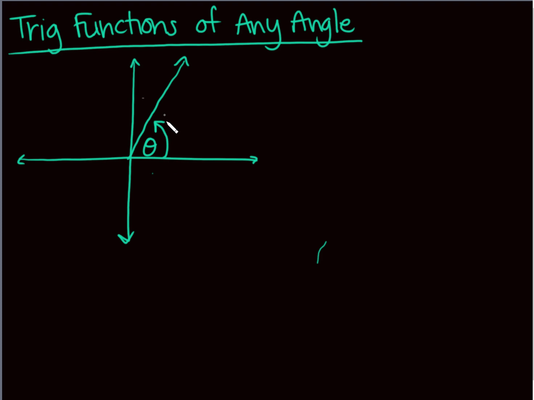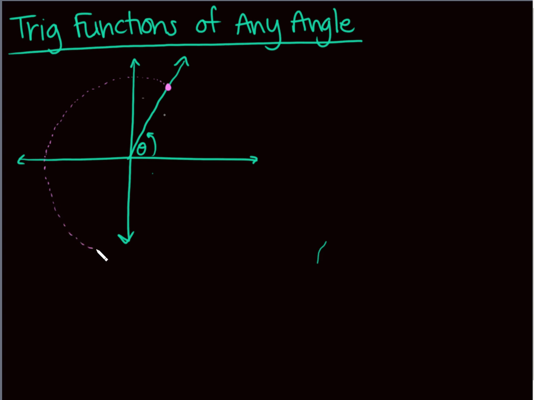So here's my theta, here's this direction. If I took any point on the terminal side of my angle here, and rotated this point around, this is where you have a lesson in imagination.